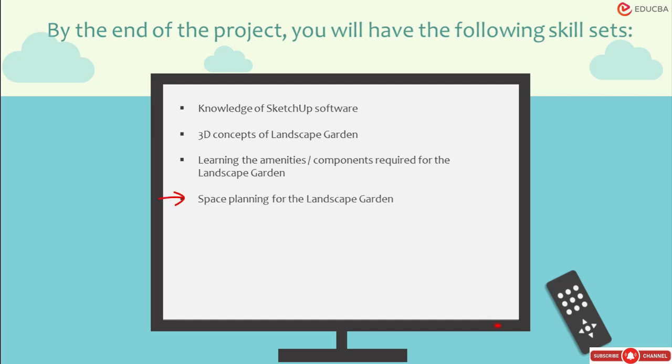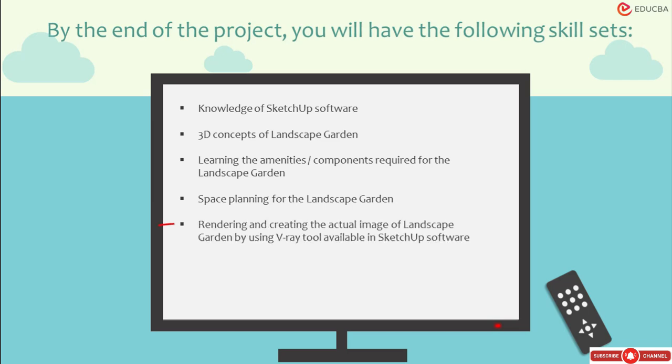Space planning for the landscape garden: as we are designing the garden, we will definitely understand the concept of space planning. Now, rendering and creating the actual image of the landscape garden by using the V-Ray tools available in SketchUp software.